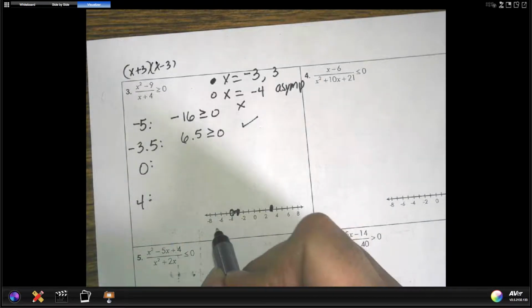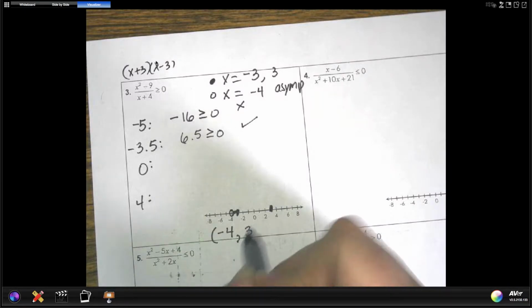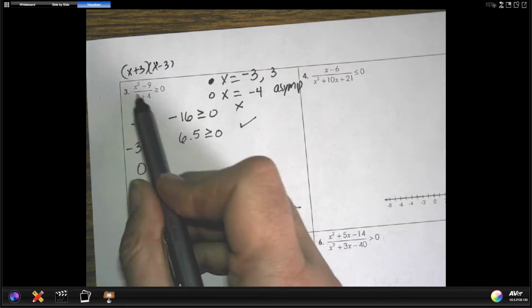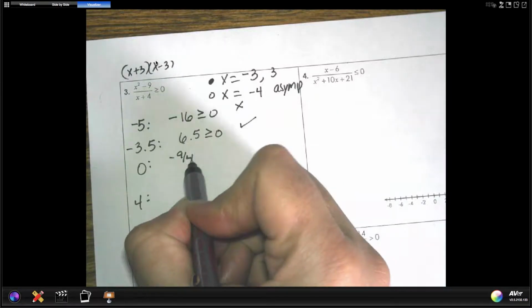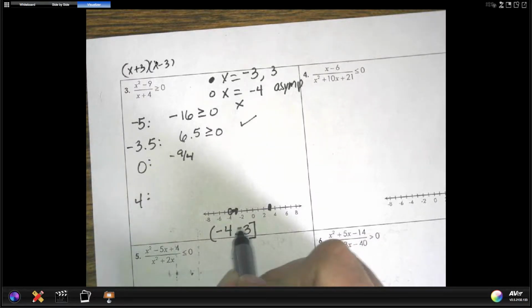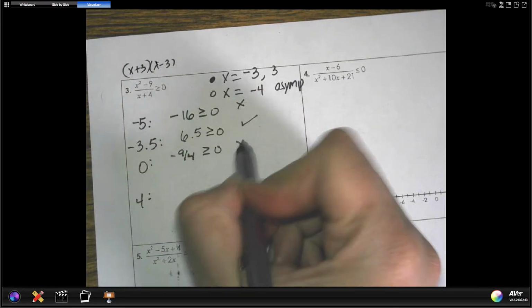So that means we have an open parenthesis, negative 4, comma, negative 3, bracket. When I plug in 0, that's pretty easy. You get negative 9 over 4. Is that greater than or equal to 0? No.